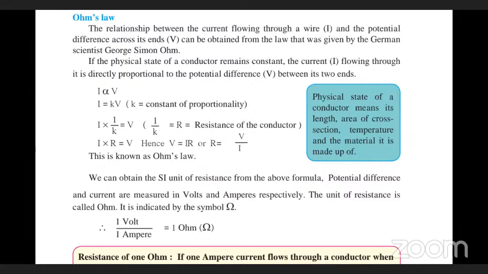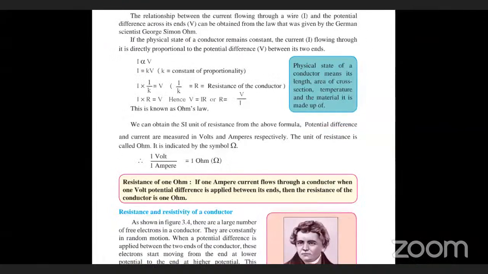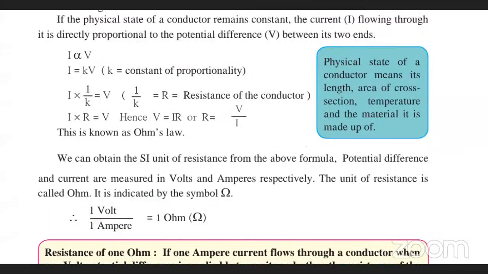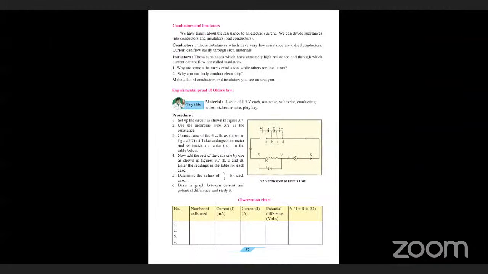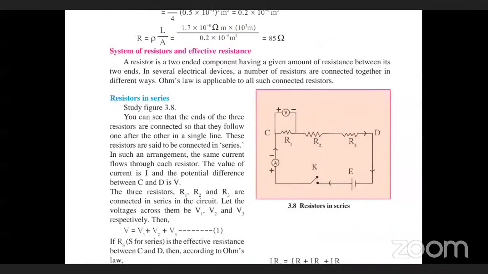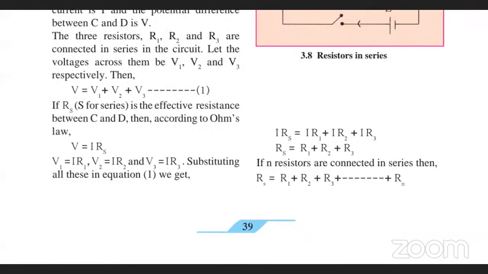V equals IR, right? V equals IR is Ohm's law. Here V is the potential difference, I is the electric current, and R is the resistance. The same formula is applied here: Ohm's law, V equals IR.